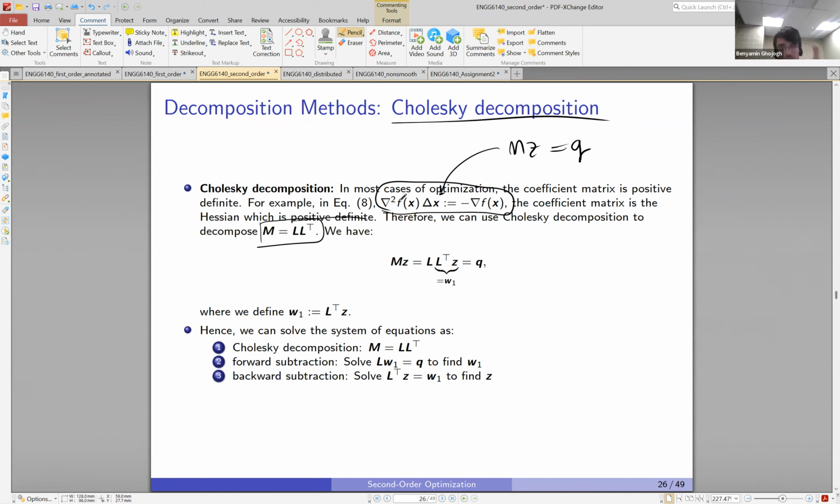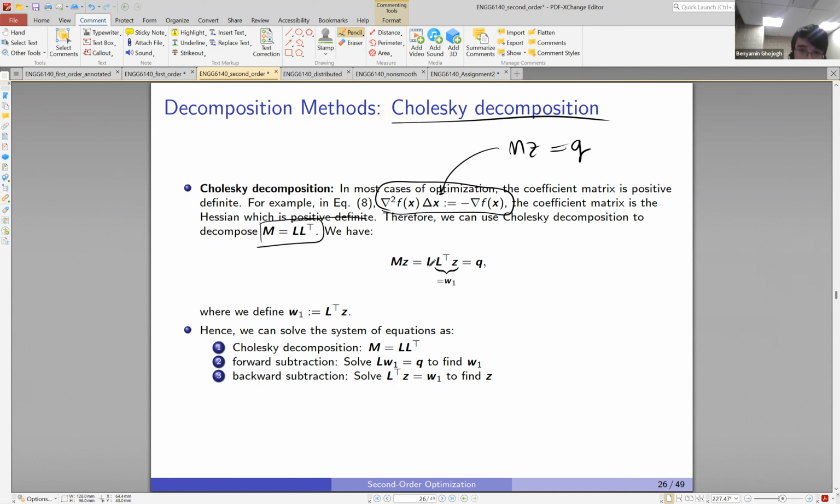Therefore, I want you to be sure that M is positive definite. Here, for example, it is equal to the Hessian, so it's valid to decompose it by Cholesky decomposition. And then what is Cholesky decomposition? It decomposes into L L transpose, where L is a lower triangular matrix. And that's interesting.